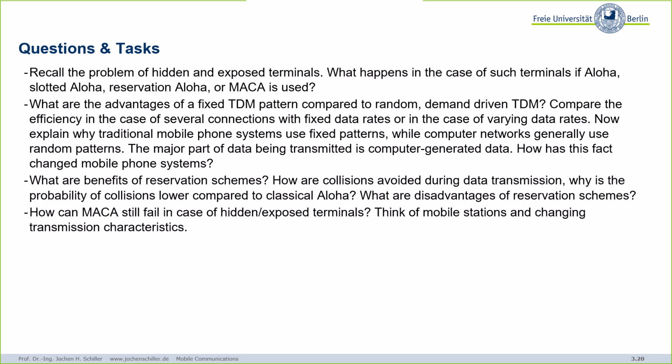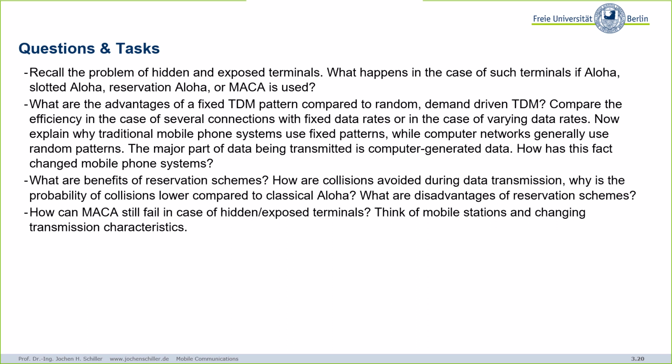So what scheme is better in what case of traffic patterns? Fixed data rates, varying data rates. And then we come back to phone systems and computer networks. And then you see one of the big problems of today's networks.